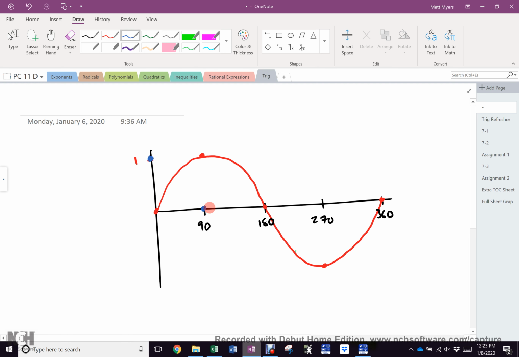What's the cosine of 180? -1. Cosine of 270, 0. Cosine of 360, 1. And it makes this nice curve. Now, observe.